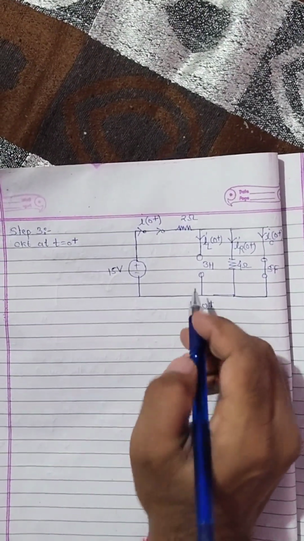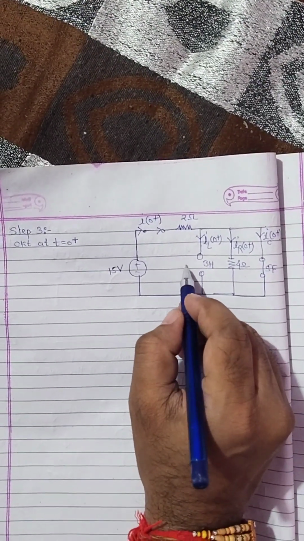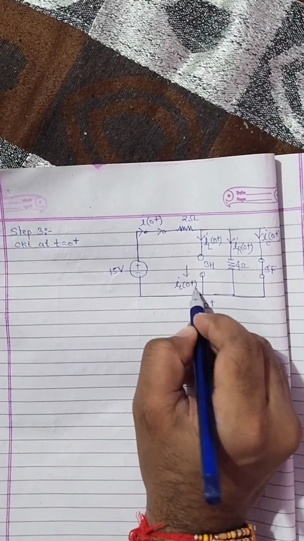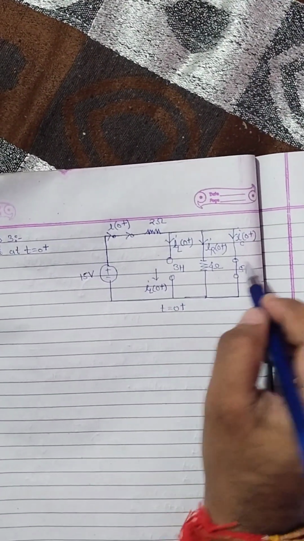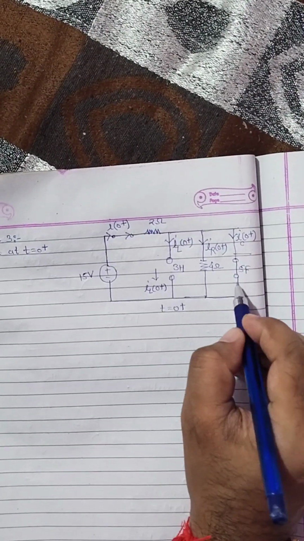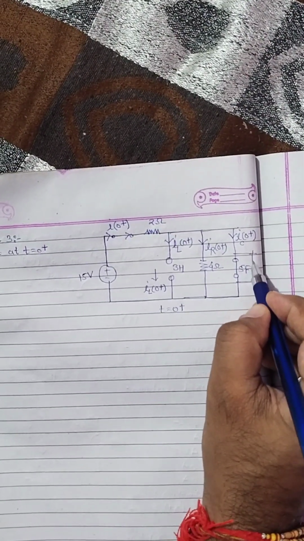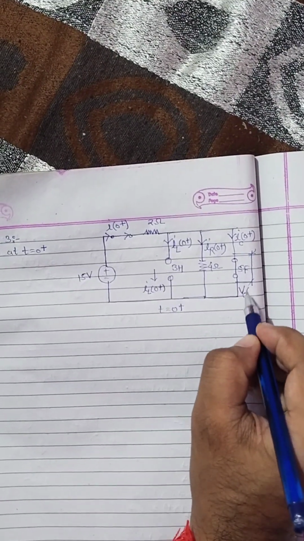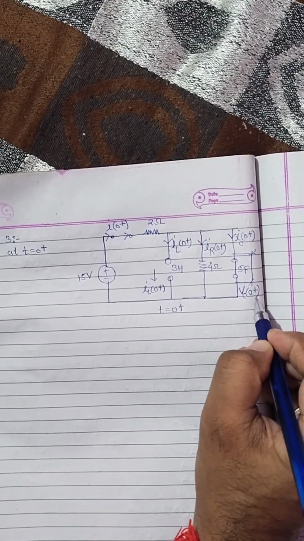And our target is to calculate IL(0+) and the voltage across the capacitor, that is VC(0+).